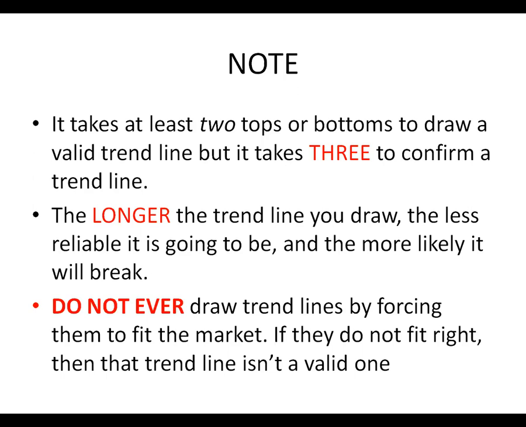But the longer the line, the less reliable the trend line becomes. So once you have a long trend line, which has been tested severally, which has bounced off severally, that should tell you that there's a possibility that the next test will not hold, it will break. So the longer the trend line, the less reliable it becomes.